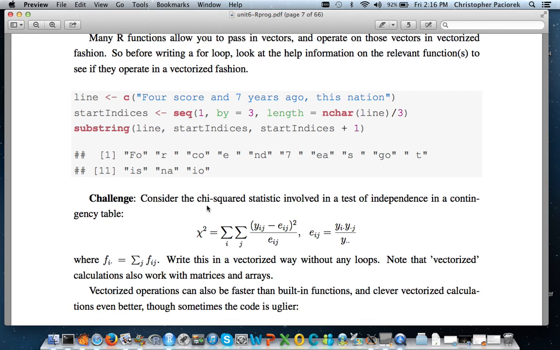Yeah, Kelly? Is it possible that a vectorized function might not be optimal for something like, it kind of goes back to one of the examples you had in class last time, where instead of appending, you pre-allocated a blank list of a certain length, and then you use the for loop to fill in that list instead of using c, list sub, or list column, whatever.